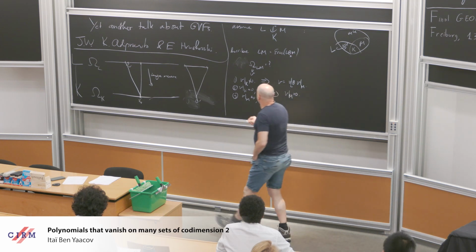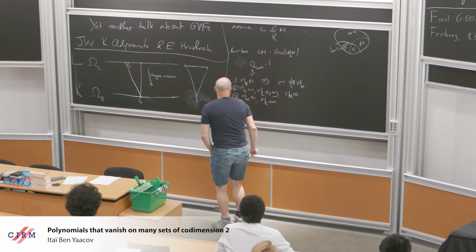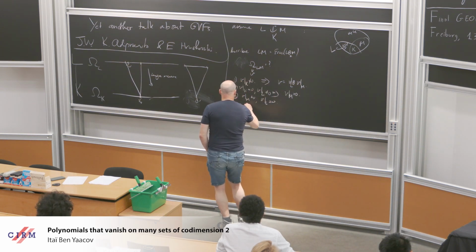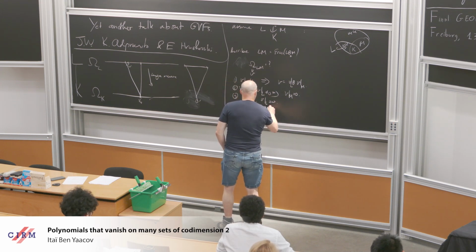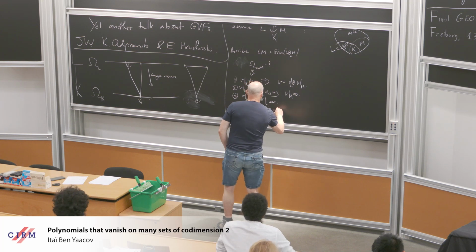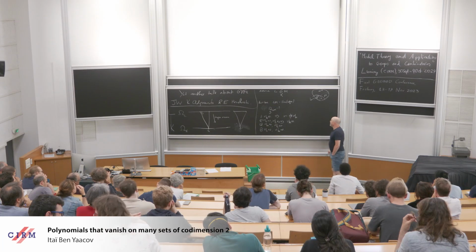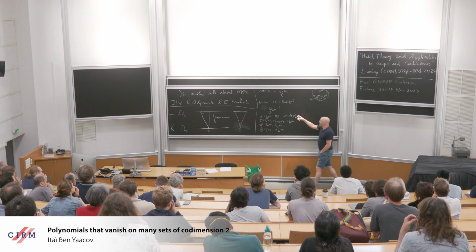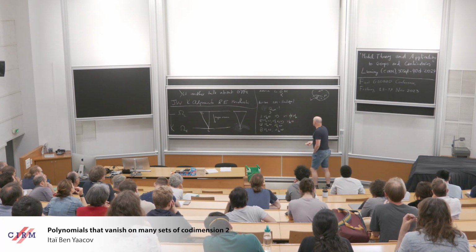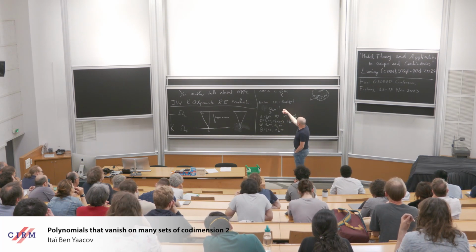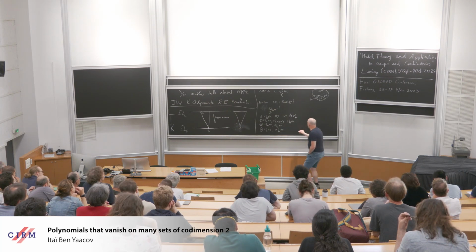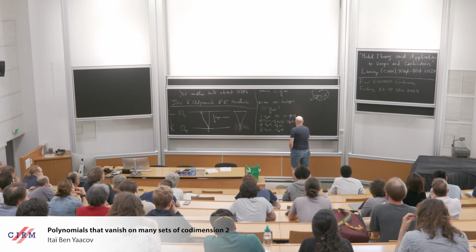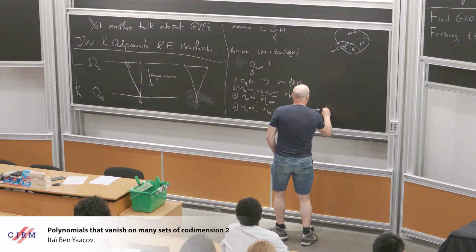And finally, there is the case where on both L and M, V is 0. But that does not mean that V is 0 on LM. Because what does it mean? It tells you that L embeds in the residue field, and M embeds in the residue field. So you can say that L tensor M goes into the residue field.